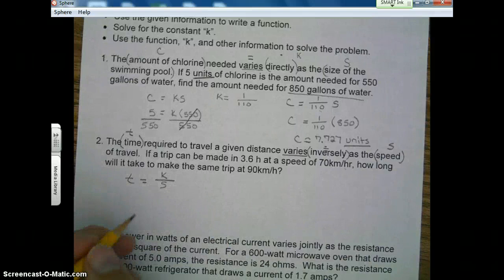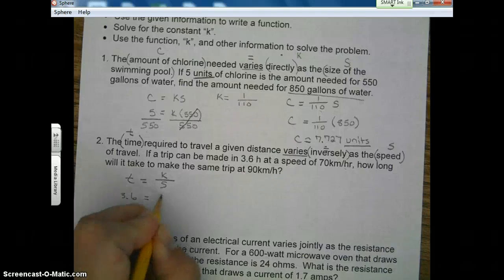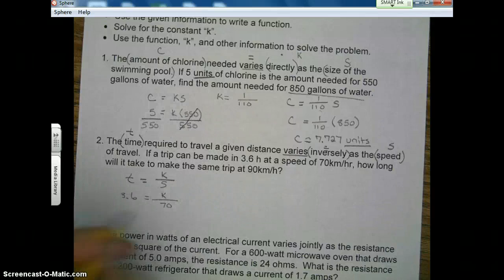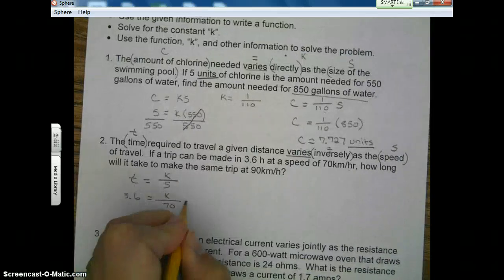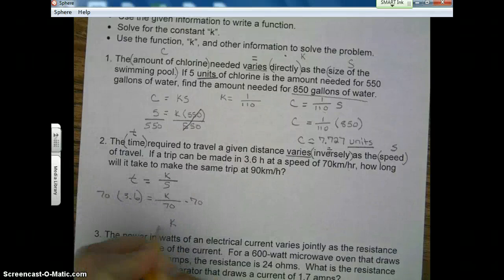Okay, so let's plug in our information. Okay, time, 3.6 hours. Okay, speed, 70. So here, if I multiply both sides by 70, we have a constant of 252.